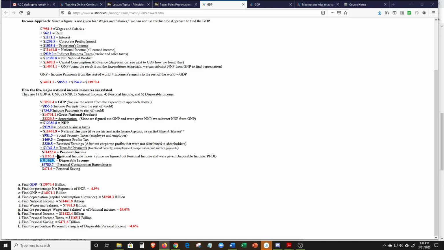So once we have personal income, we can subtract disposable income from it to get personal income taxes. And we can obviously subtract personal consumption expenditures, which are given, from disposable income to get personal savings. And here are all the answers that I figured out.